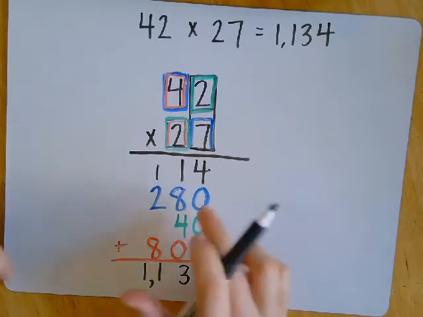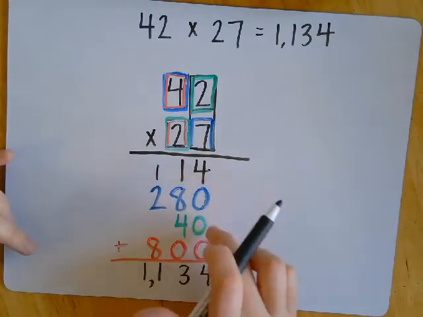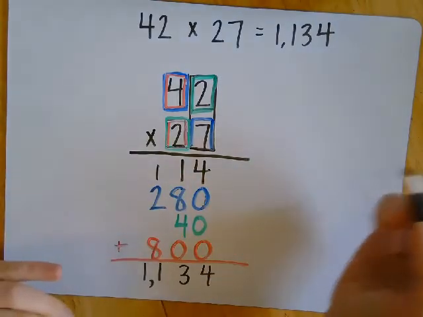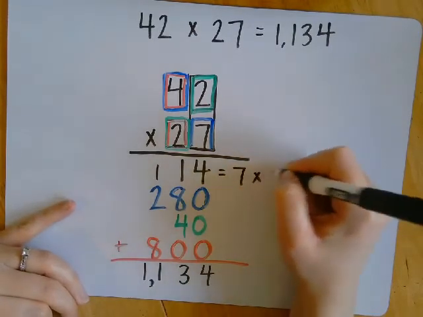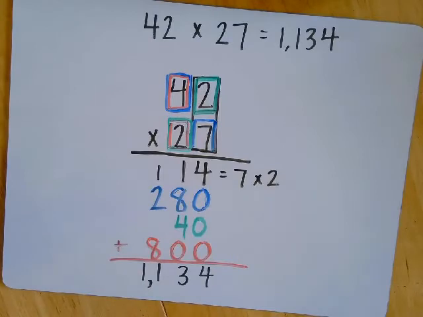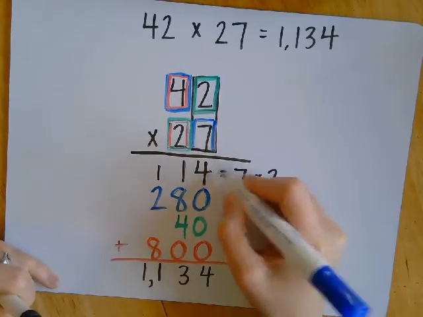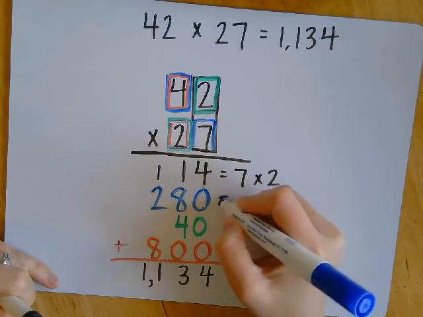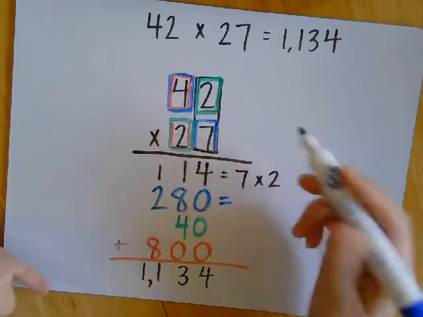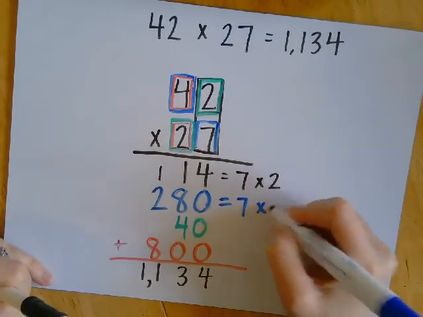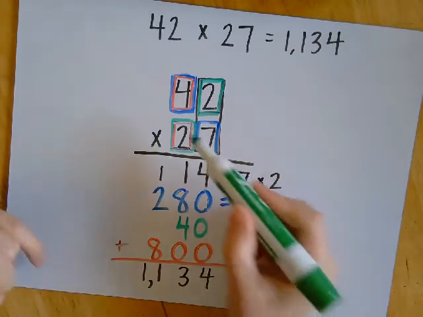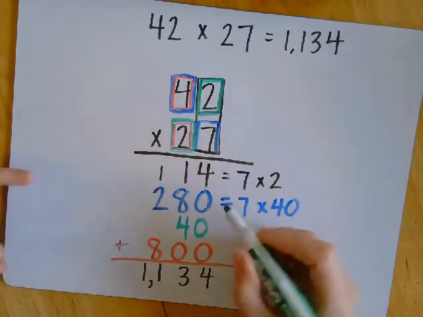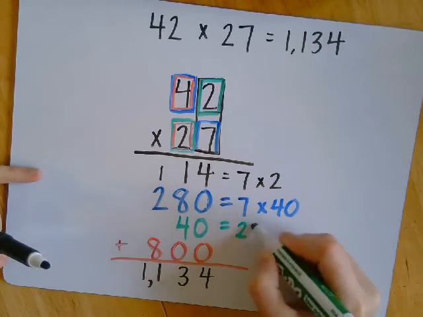If I go back and show you where each of these partial products came from, it would look like, starting in the ones place, 7 times 2 equals 14. 7 times 40 equals 280. 20 times 2, which gives me 40.